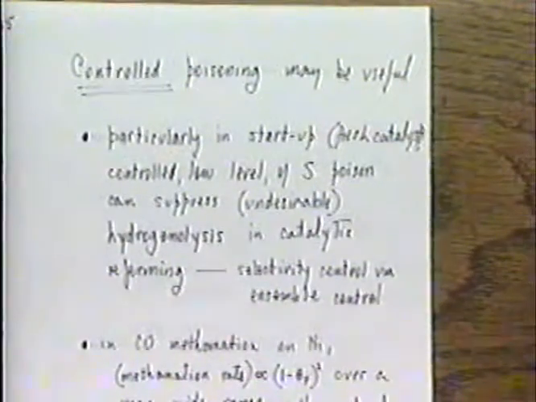It's not uncommon, because the metallic function has a hydrogenolysis function as well as a dehydrogenation function, for the fresh catalyst to have an unsatisfactorily high level of hydrogenolysis activity. In other words, it forms a lot of methane and lower hydrocarbons, which from the point of view of the overall efficiency of the process are bad news.